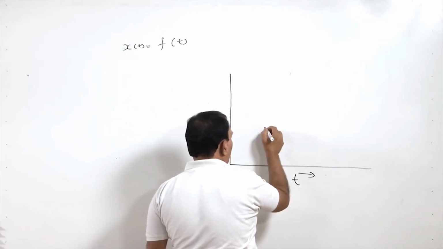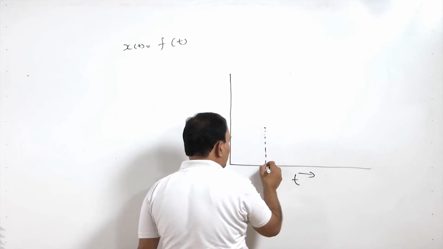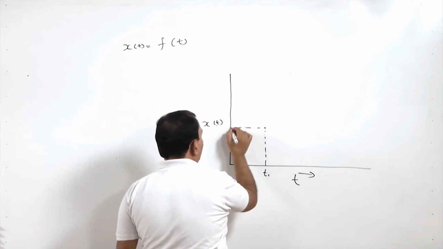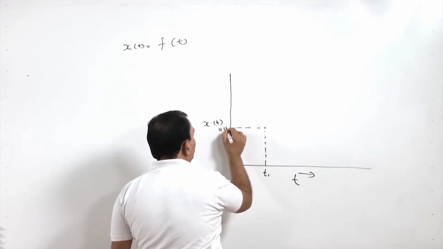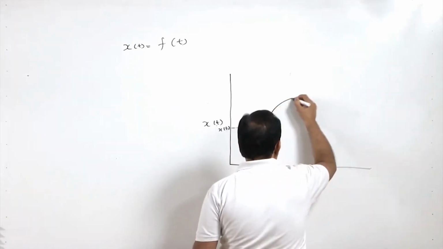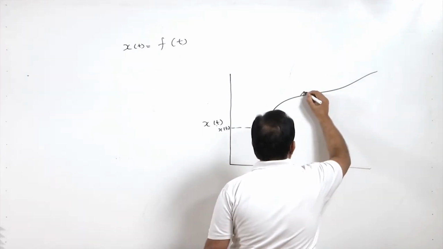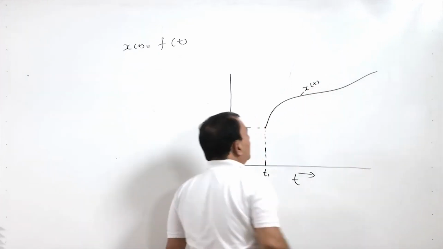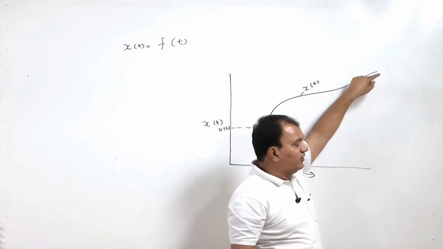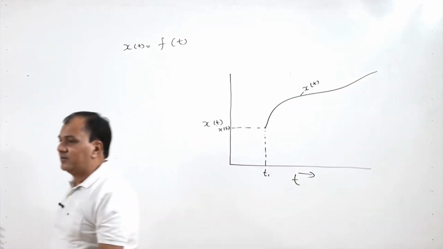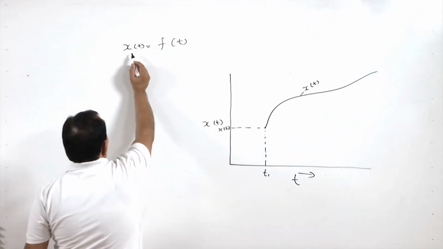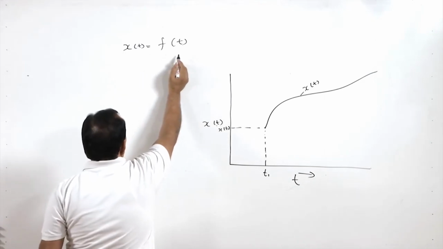If I take a point which gives me the value of t, say t1, it will have a value of x, which we write as x of t1. So x(t) is nothing but a function: for each value of t there exists a value of x. So I can say x is a function of t.